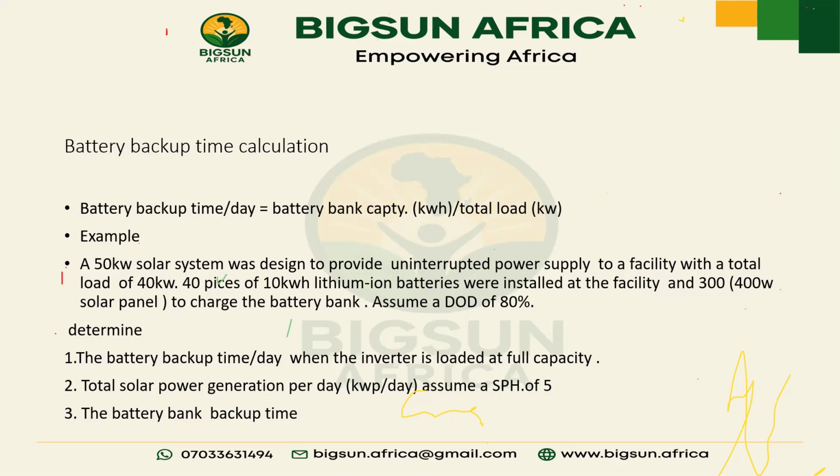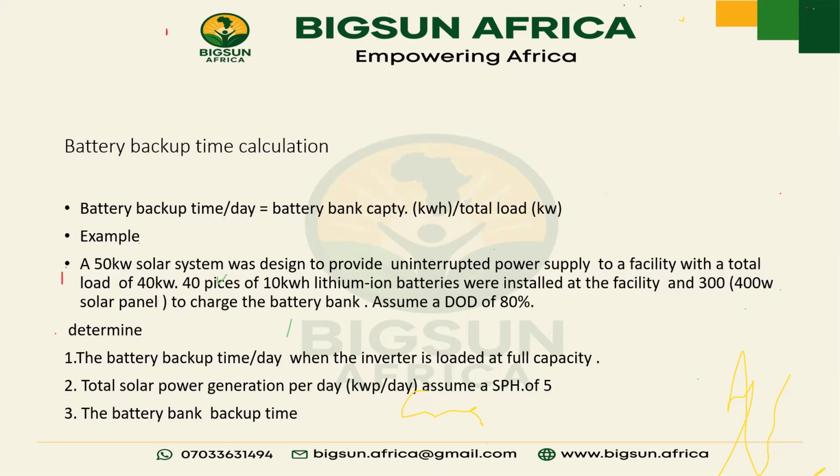Now, they say 40 pieces of 10 kilowatt hour lithium batteries were installed at the facility. Which means our battery bank capacity is 40 times 10, which is 400 kilowatt hour.